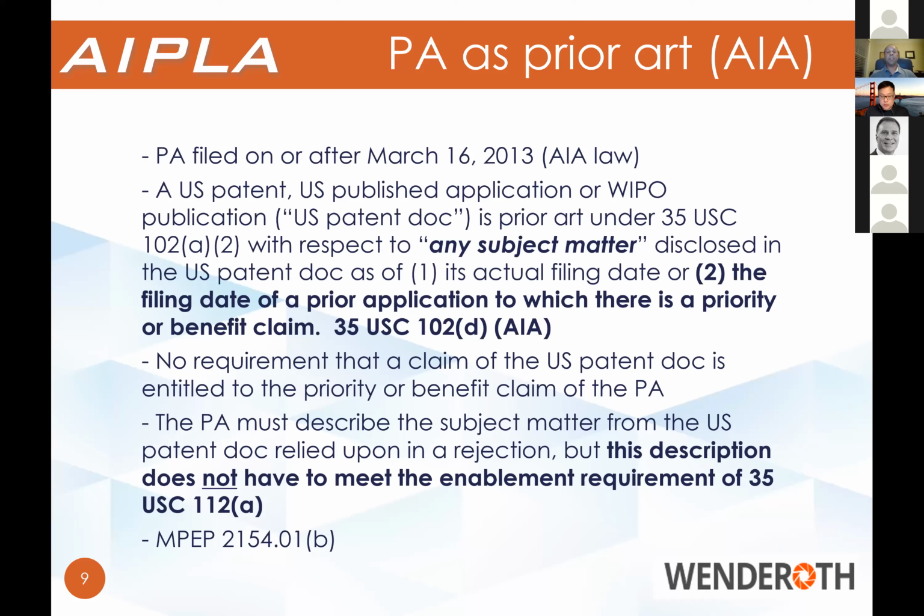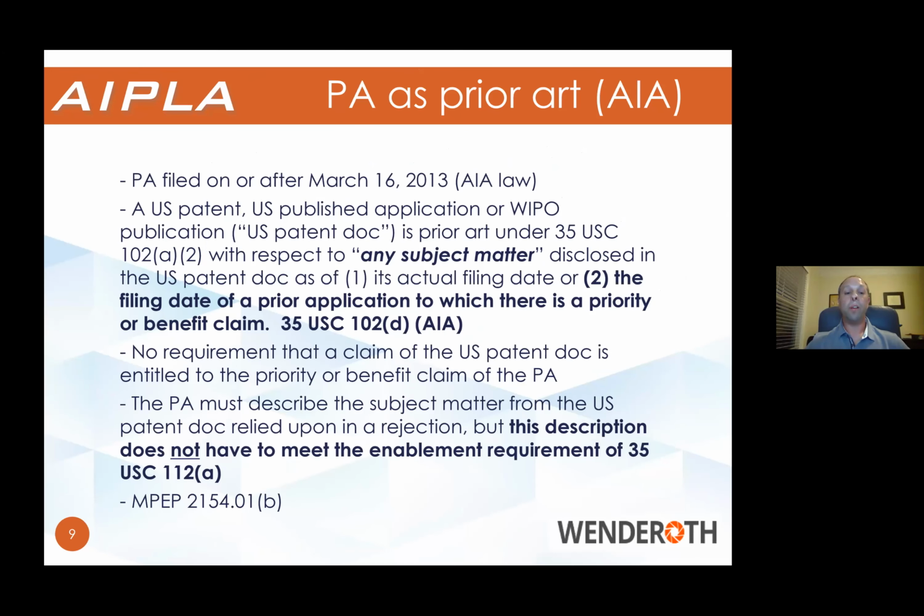The provisional just needs to describe the subject matter from the US patent document relied on in the rejection. But this subject matter does not have to meet the enablement requirement of 112(a). It just needs to be described. And that's in MPEP 2154.01(b).